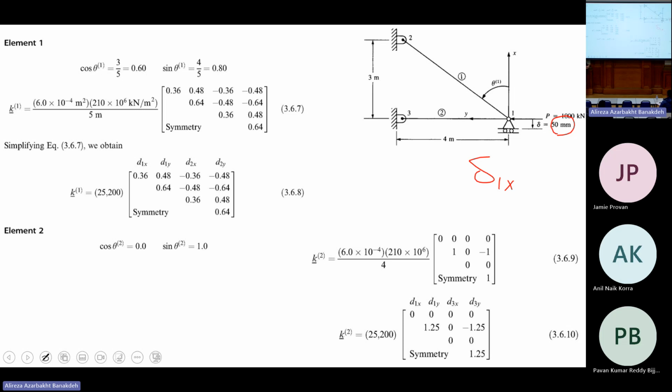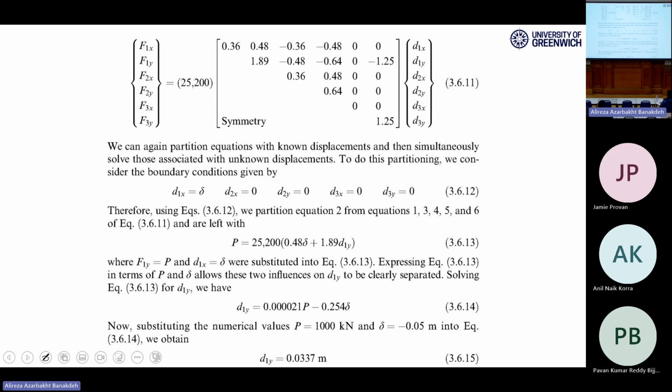The foundation, your element and the soil are going down 50 millimeter. There is still a support, but the support itself is getting down. It's having a sort of settlement from washing out of the soil or any other reason. So it means that this delta 1x is 50 millimeter, not 0.